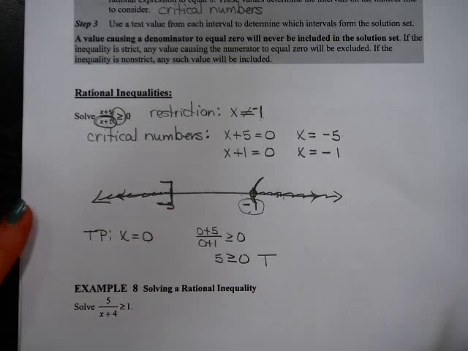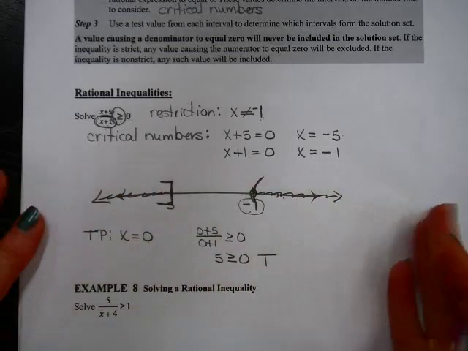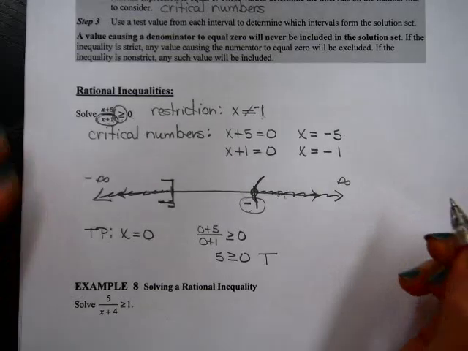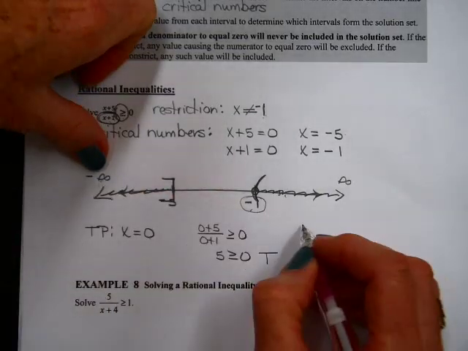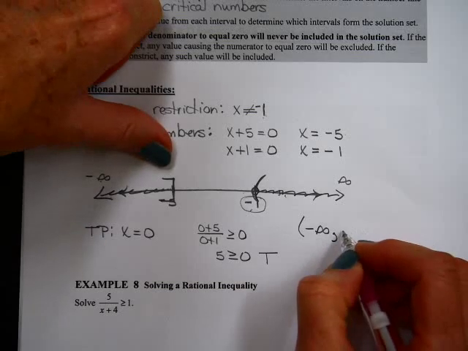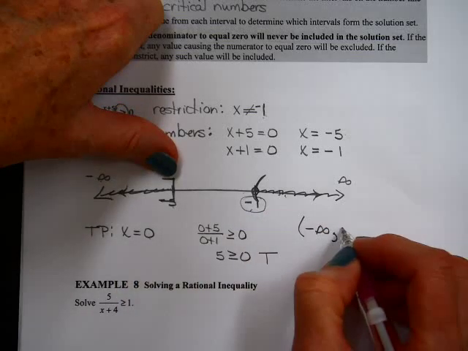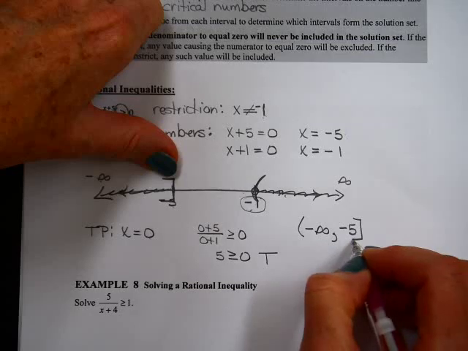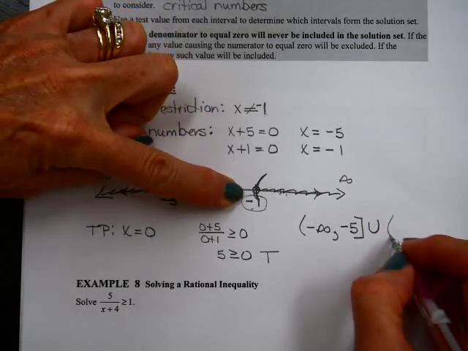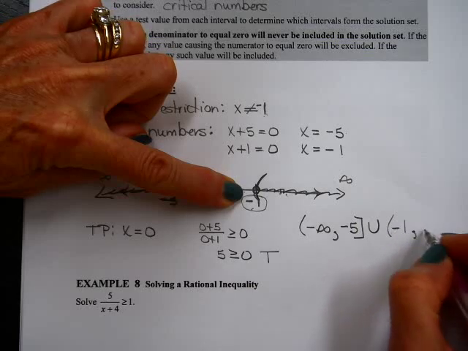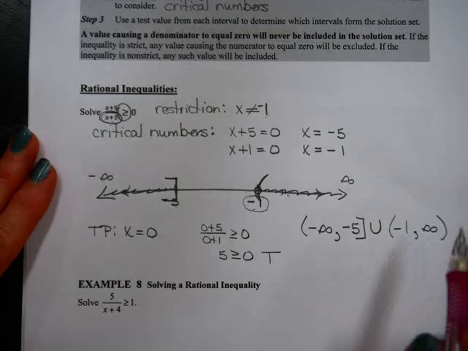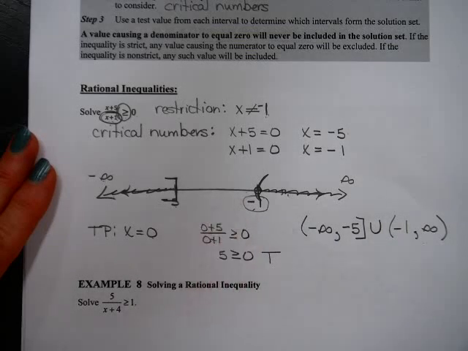So now my interval notation from left to right, this is negative infinity, this is positive infinity. So this starts parentheses, negative infinity, all the way to -5 bracket, union, parentheses, -1, infinity, parentheses. This is the interval notation for this inequality.